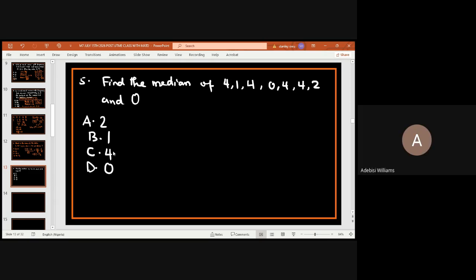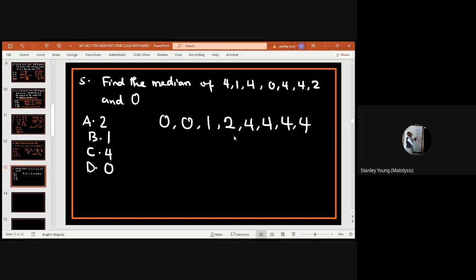So it's between 2 and 4, which means the answer is not there. So in that case, you're supposed to arrange it as 0, 0, 1, then a 2, then 4 appearing 4 times. 1, 2, 3, 4, 5, 6, 7, 8.